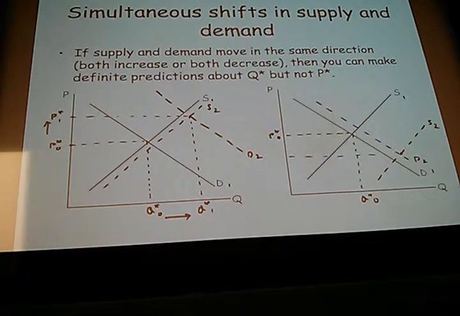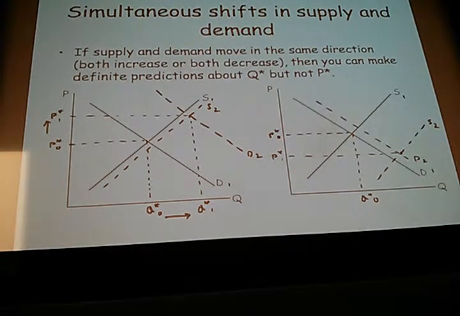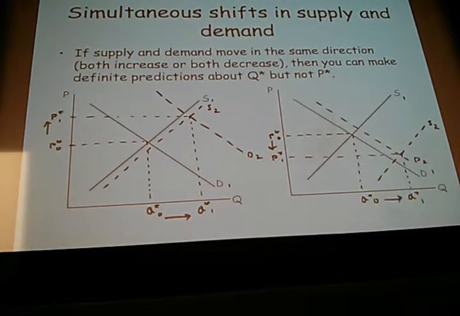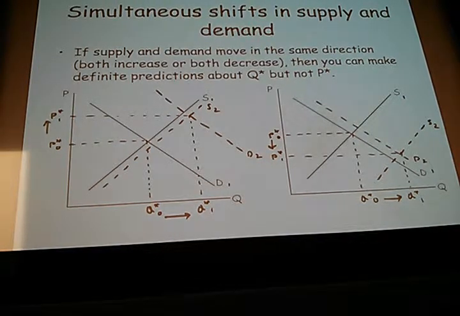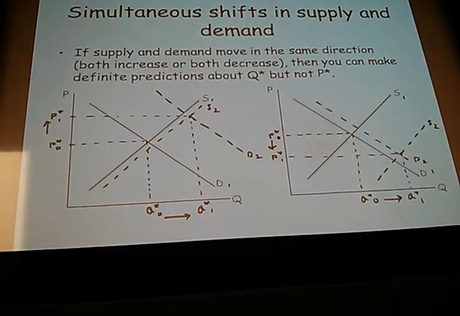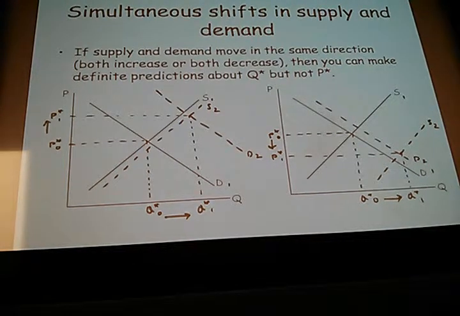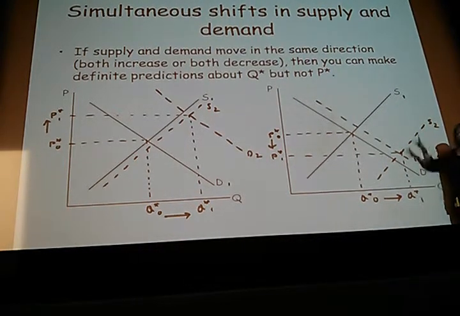In this case, we can actually see that the equilibrium price has fallen, but we still get that the equilibrium quantity has increased. This is what I mean.